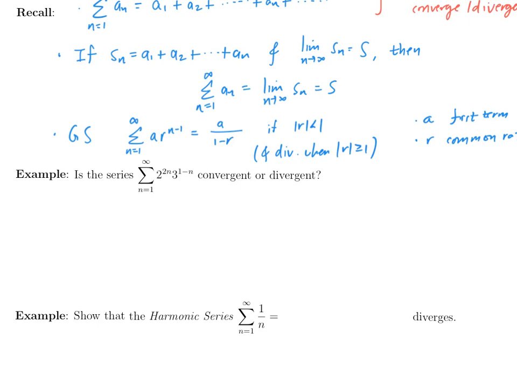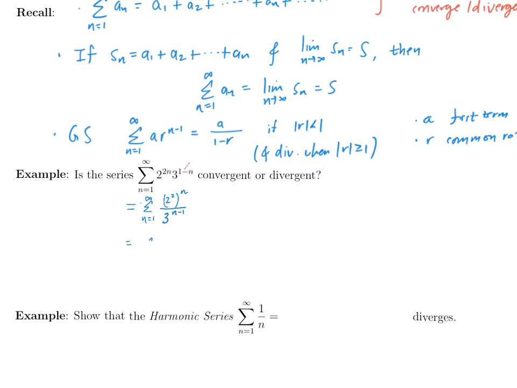So if we rewrite this, we would say this is equal to the sum from n equals 1 to infinity, 2 raised to the 2n power would really be 2 squared to the nth, using properties of exponentials. And because of this minus sign here, I'm going to take the 3 to the 1 minus n and put it in the denominator. And if we put it in the denominator, we need to take the opposite, or a negative, of that exponent. So 3 to the n minus 1.